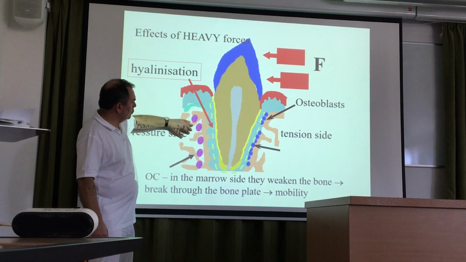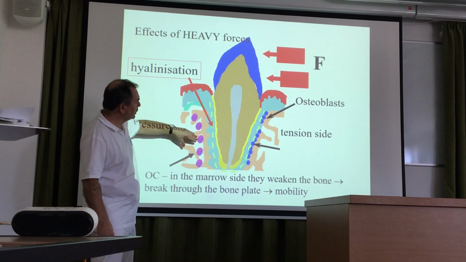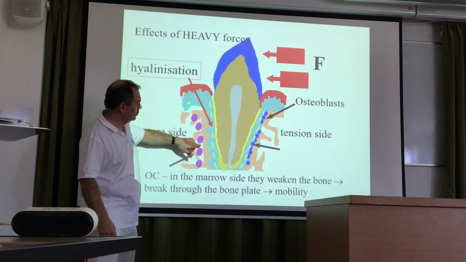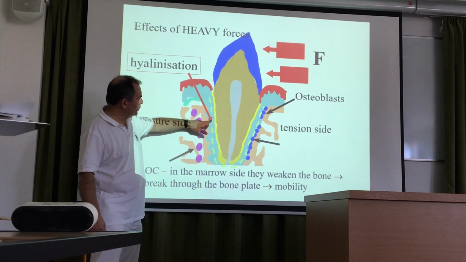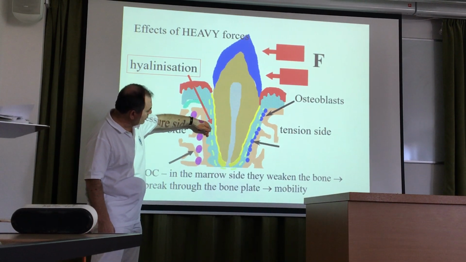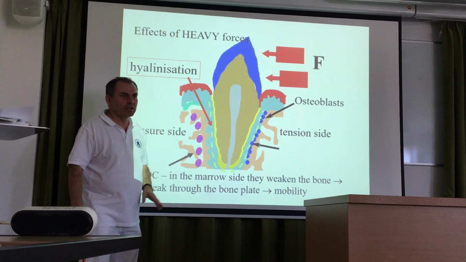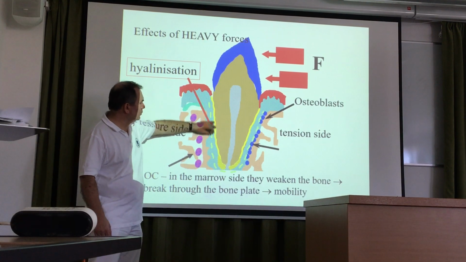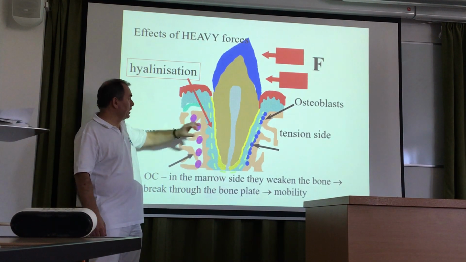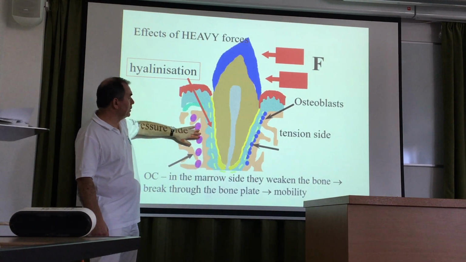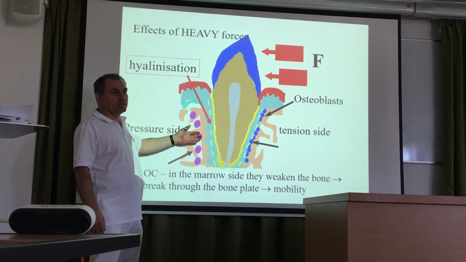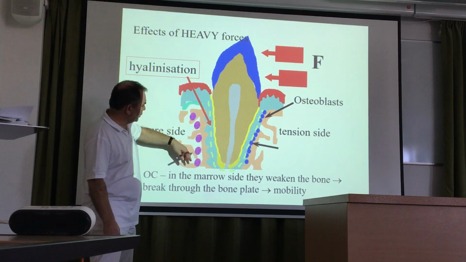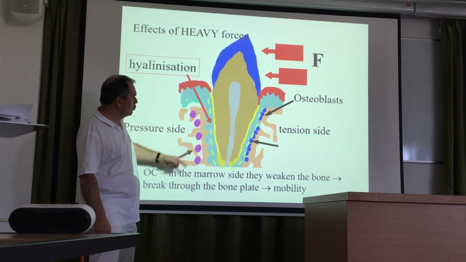But we have cell activity on the other side of the lamina dura. This is the lamina dura. So the frontal side facing toward the tooth is limited by the blood supply, so no cell activity, but on the other side we have a pressure side as well, and here we have bone remover.